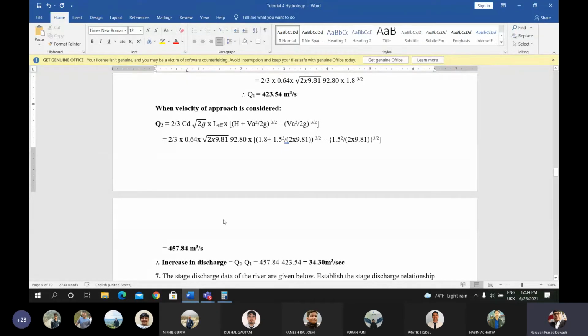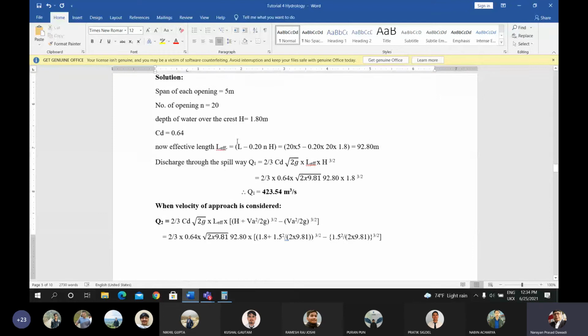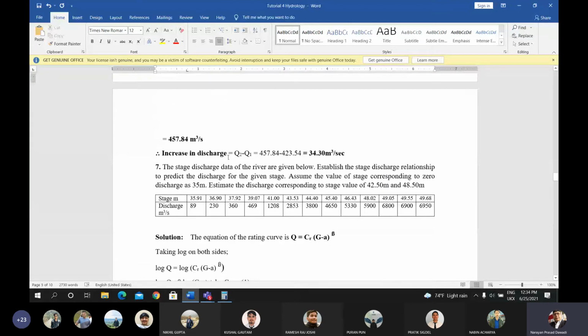So what is the increase in discharge, that is asked in the question. Then find out the increase in discharge. The increase in discharge will be the Q2 minus Q1 value, which gives 34.30 meter cube per second. Discharge will be increased if the velocity of approach is considered.